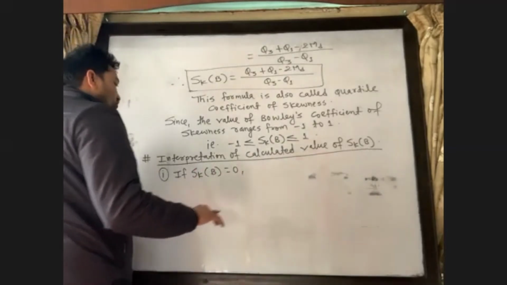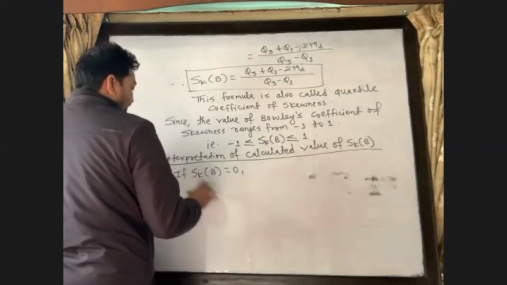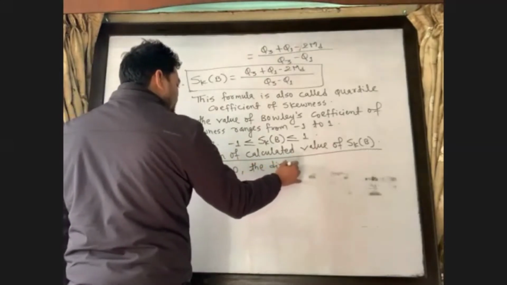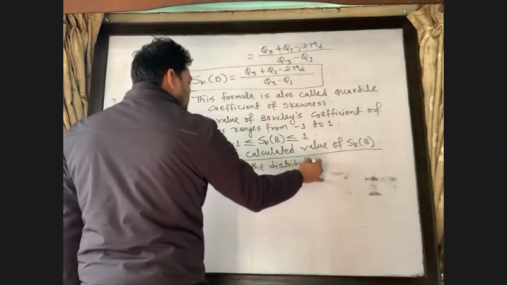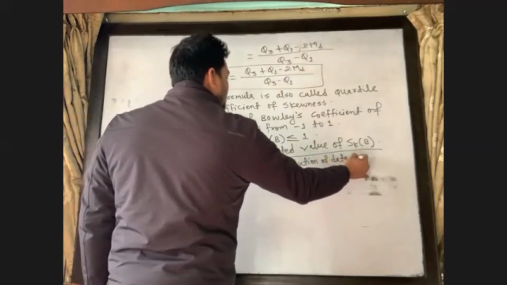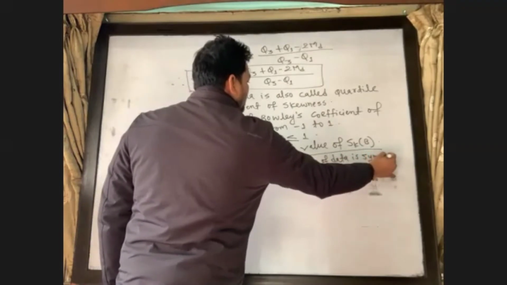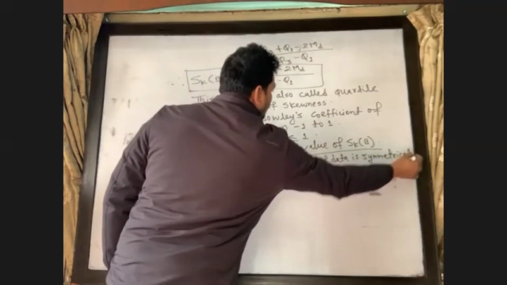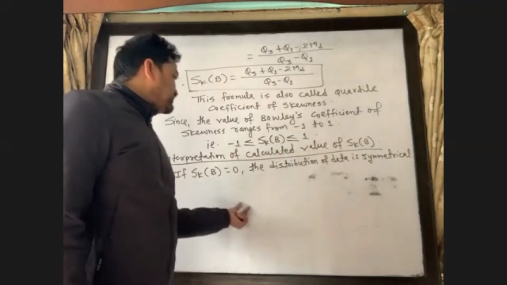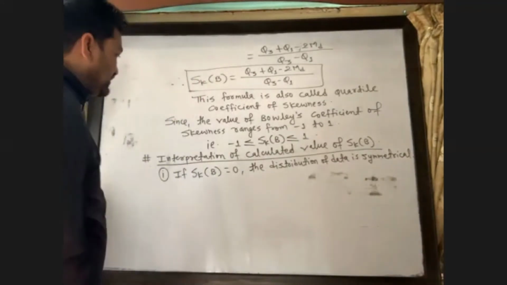Okay, the distribution is symmetrical भन्न मिल्छ त्यसलाई. If SKB equals to 0, the distribution of data is symmetrical. Symmetrical भनेको no skewness है.